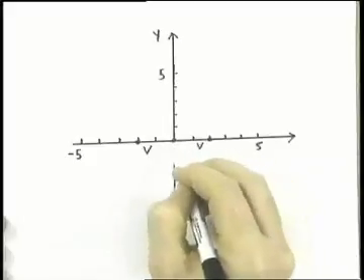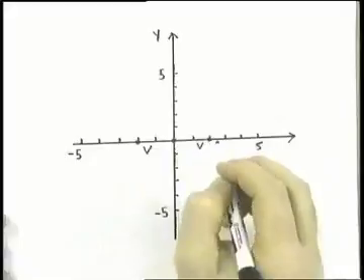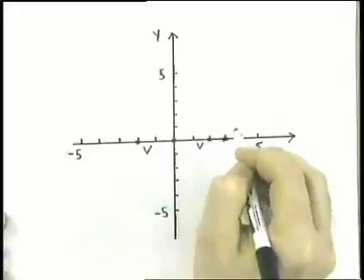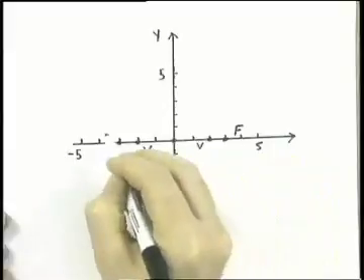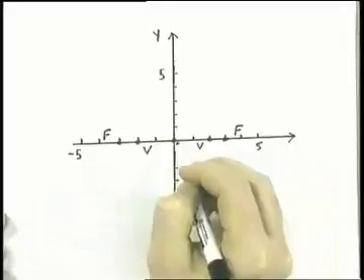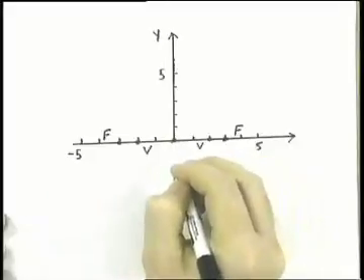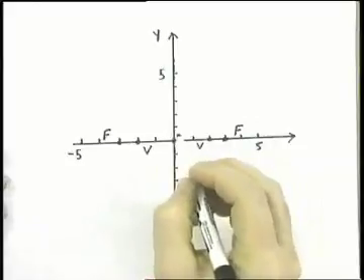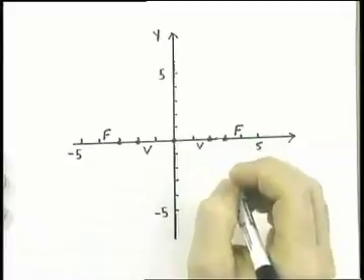We knew we were going right and left because of the fact that the hyperbola was opening to the right and the left. Similarly, we can find the foci to be located at 3, 0 and at negative 3, 0, because C was found to be 3, and 3 is the distance from the center to the foci.